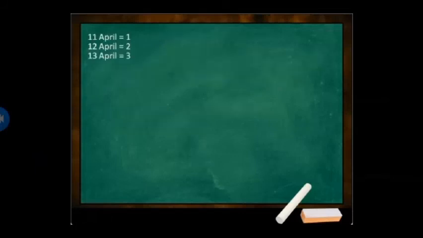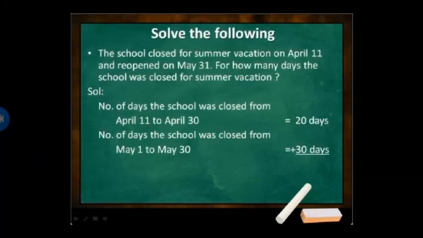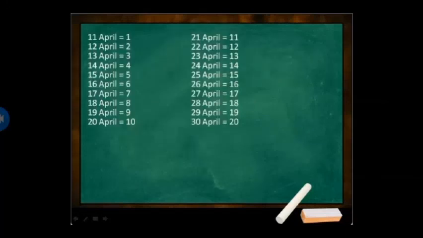Now here you can see from April 11, that is one day, April 12th, second day, and it goes on. So how many days does it become? Till April 30th, it is 20 days.